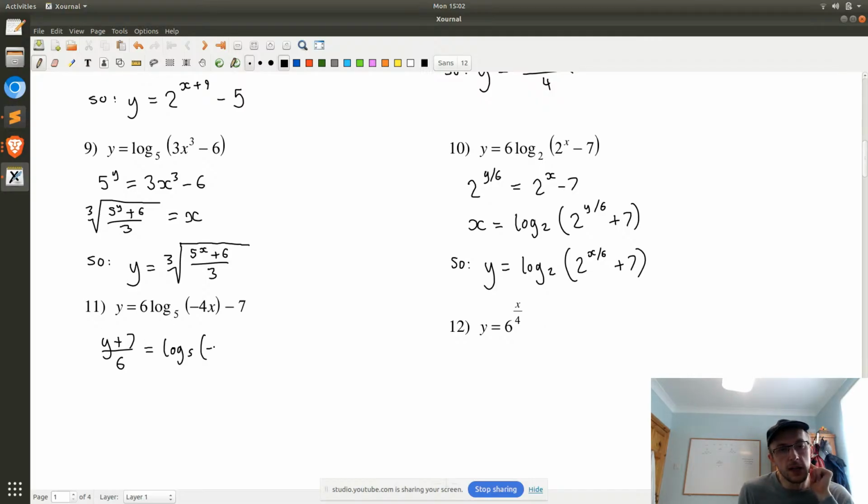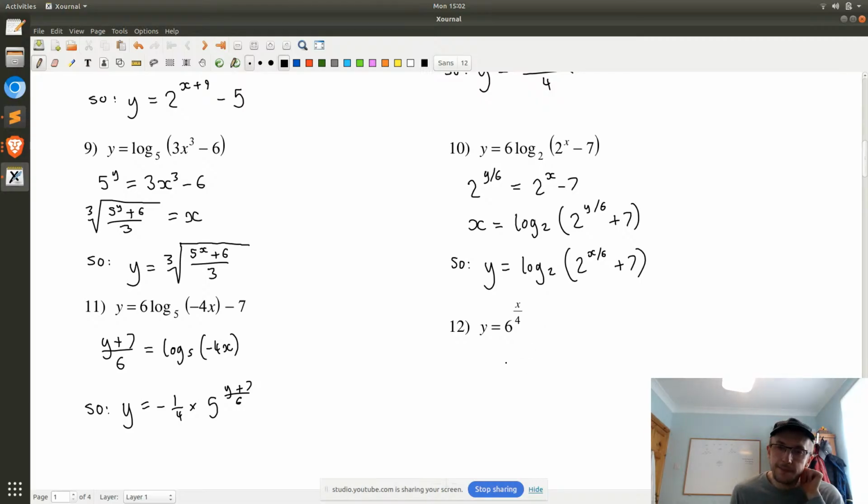Log base 5 of negative 4x. 5 to the both sides and then divide by negative 4. So y is negative a quarter of 5 to the y add 7 all over 6.